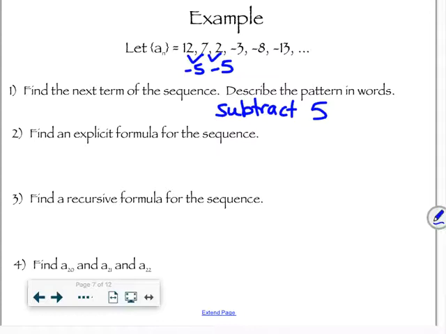If it's not linear, we're going to learn how we do it another way. And that's for tomorrow. Okay? All right. And then I think some of us can get to the recursives. We might be able to do that. And then I think a sub 20, a sub 21, a sub 22. So do as much of this slide as you can. And again, it's okay if you can only do one at this point.